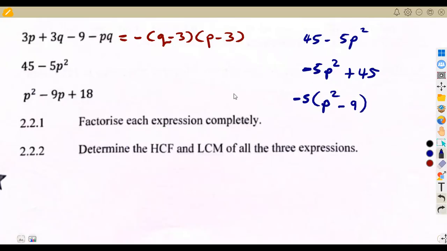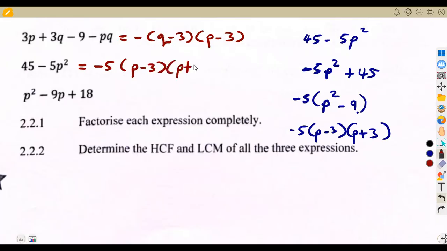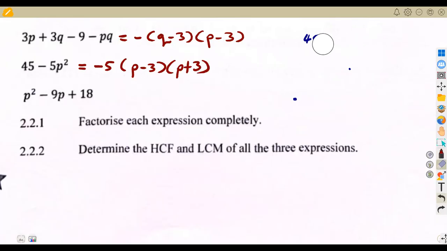We can see that there, we are back to our difference of two squares. P squared minus 9, we can determine their square roots. The square root of p squared, which is p, then I have p and p. The square root of 9, which is 3, so this will be -3, and this will be a +3. So meaning to say, we are having this now as our final answer, -5 into p minus 3 into p plus 3. Okay, so this is how we're supposed to factorize this one.